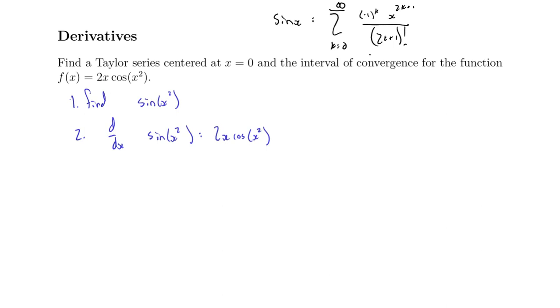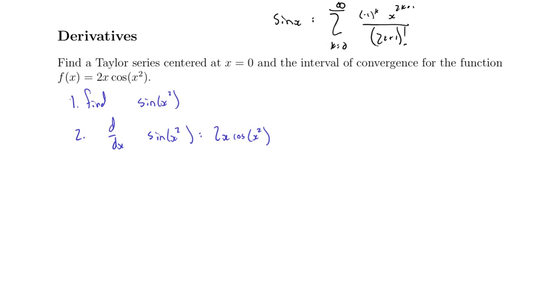We should commit to memory the sine of x series, the cosine of x series, and the exponential e to the x series at least. If you don't commit them to memory, it's not a huge deal. We could find this because it's easy enough to build the derivatives, find the coefficient structure, and everything should go quickly. But if we just remember, oh yeah, sine is the one that's got the odd exponents because it's odd symmetric and it's alternating, everything goes pretty well.